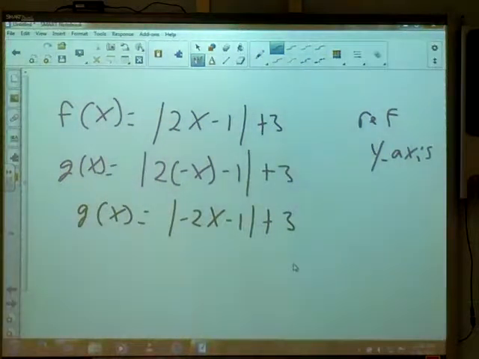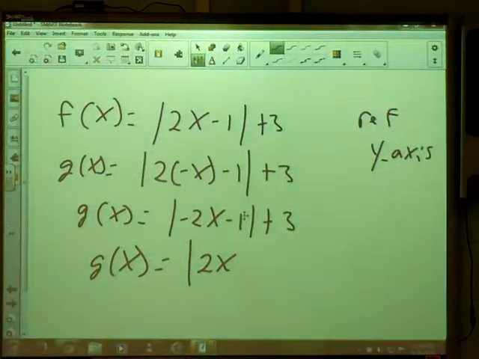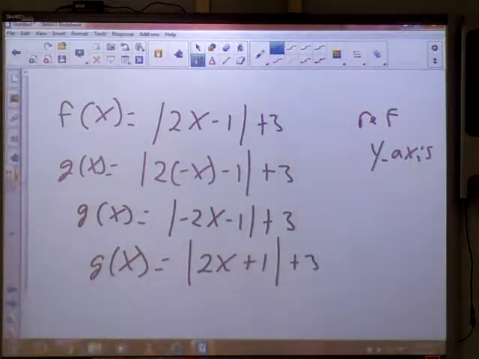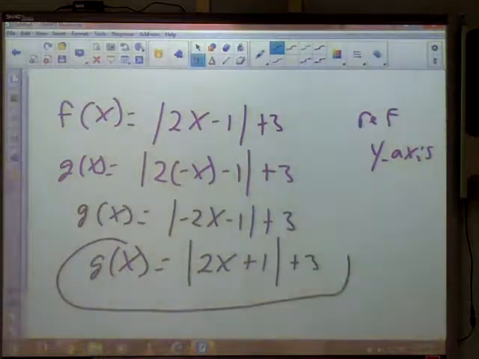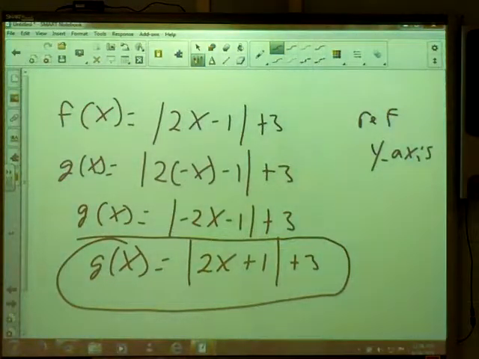Just divide everything by a negative that's in the absolute value. So that turns out to a positive 2x. What about this minus 1? Positive 1, good job. And don't mess with the plus 3. That's it. That's it, my friends.